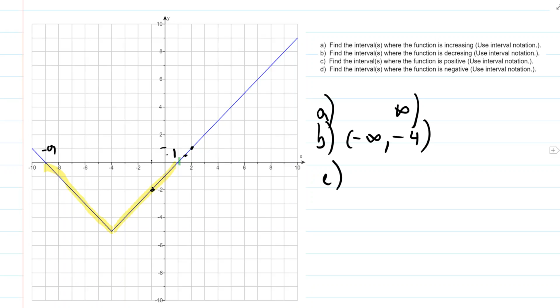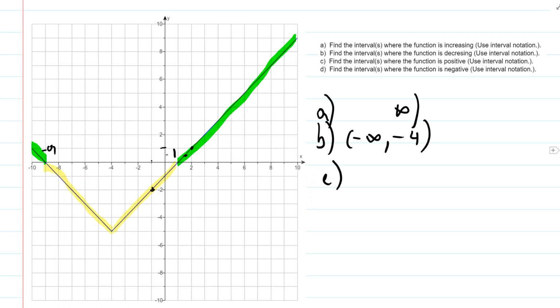And for points above 1, when x is 2, the y value is positive. When x is 3, the y value is positive, and so on. So for all these x's, the function is positive. Also, for these x's here, when x is -10, the y value is 1. So everything below -9 and everything above 1, the y values for those x's are positive.